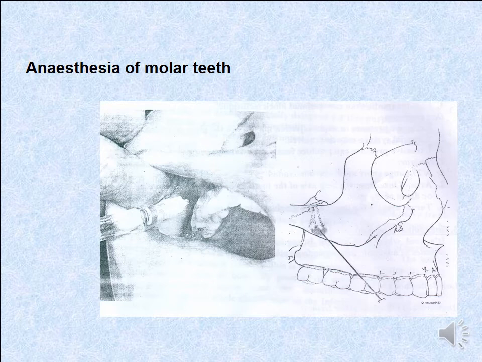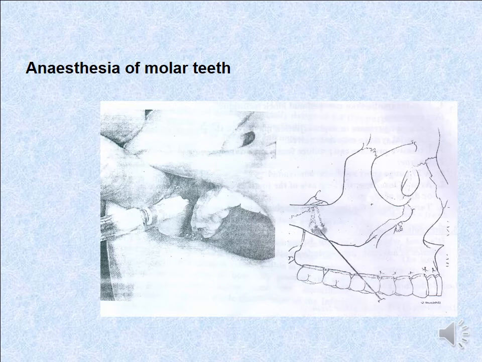The first molar is the only tooth that has three branches of nerve innervation. We have three roots: the mesiobuccal, distobuccal, and the palatal. And you must give two branches buccally: the mesiobuccal, which has a branch of the middle superior nerve, and the distobuccal, a branch of the posterior superior nerve.